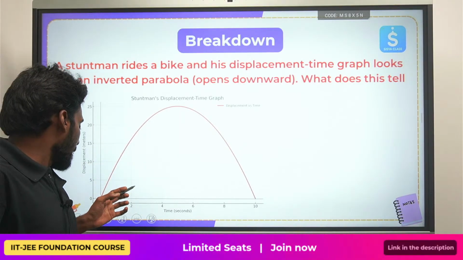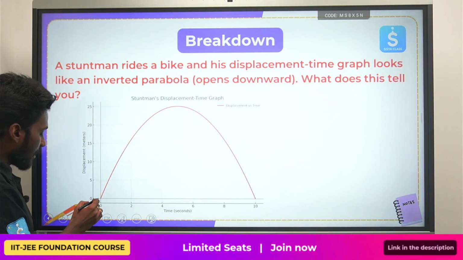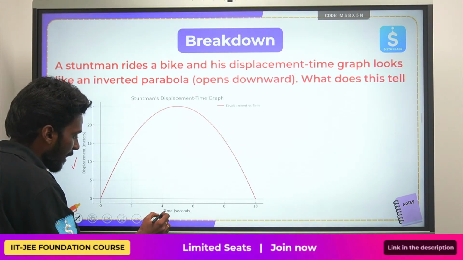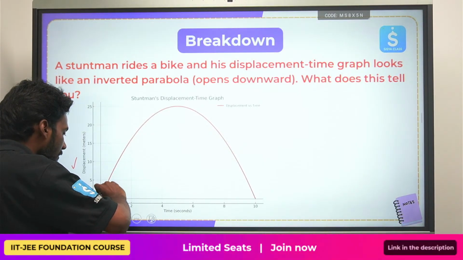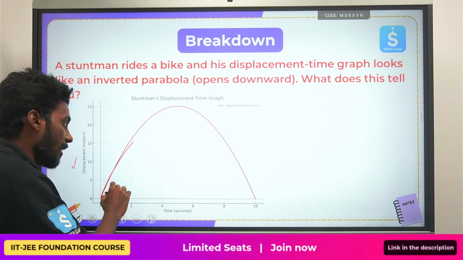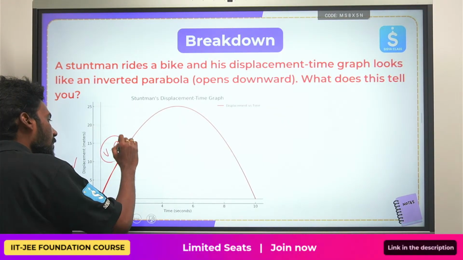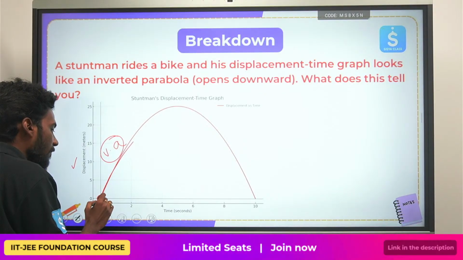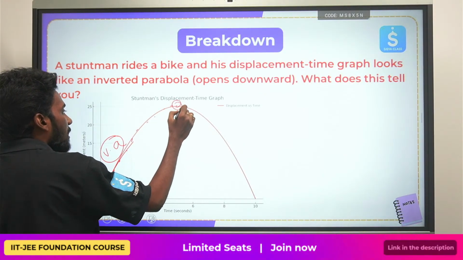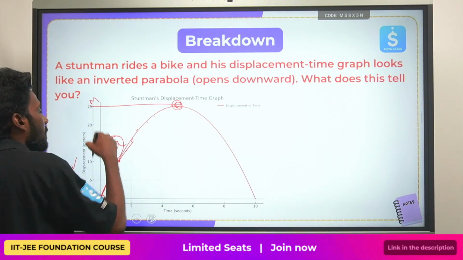So in this scenario, what can we conclude? As it is a displacement time graph, and we got a curve here, it means the velocity is not constant. The stuntman is having some acceleration, that is variable acceleration, from the beginning of the journey till he reached the maximum displacement here, that is 25 meters.